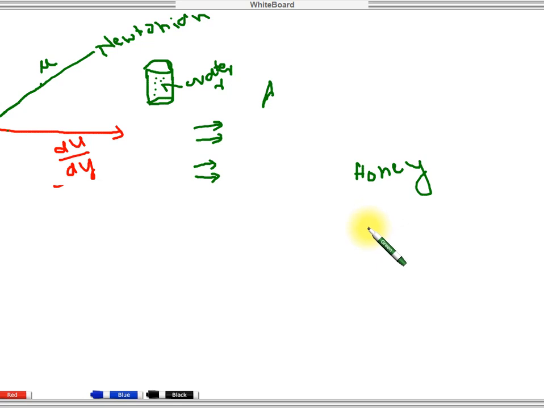Then take a spoon, and with that spoon, stir inside the honey frequently for 1 minute or 2 minutes, and then check the nature of the honey, whether the honey becomes thinner or thicker while applying this stress or disturbing with this spoon.